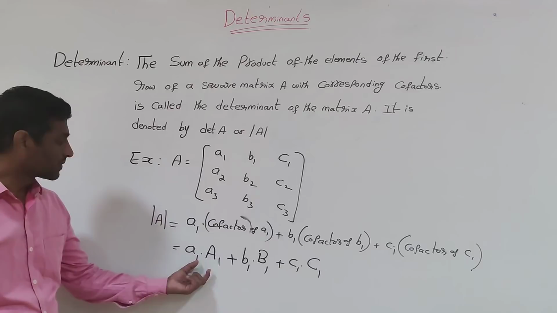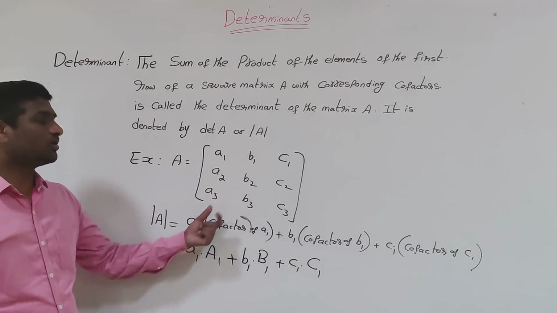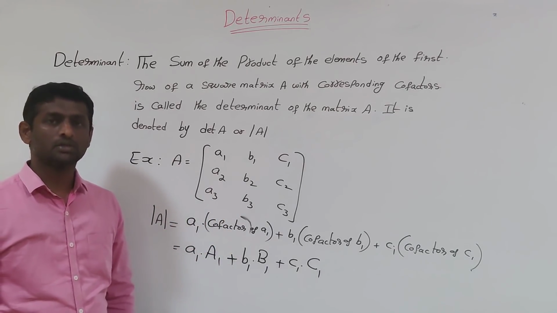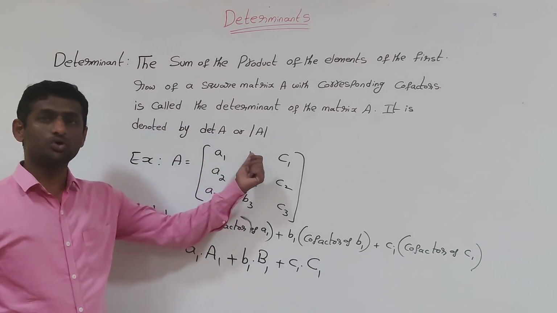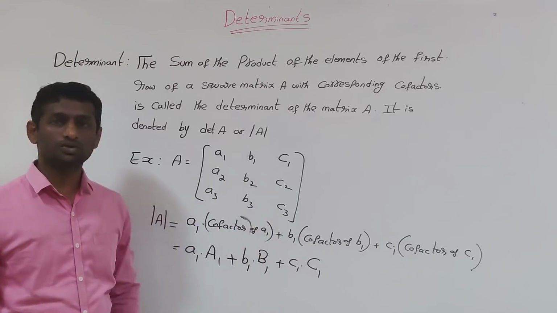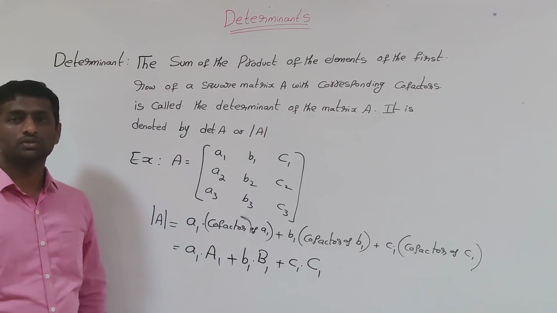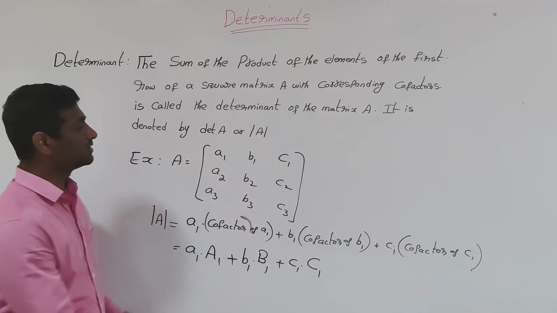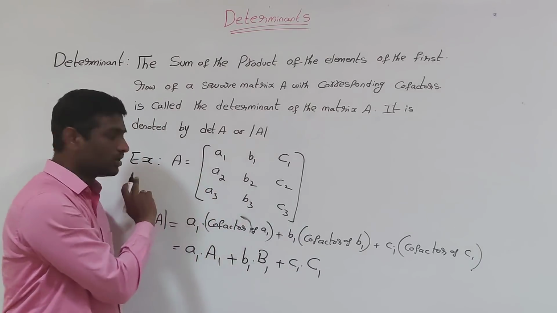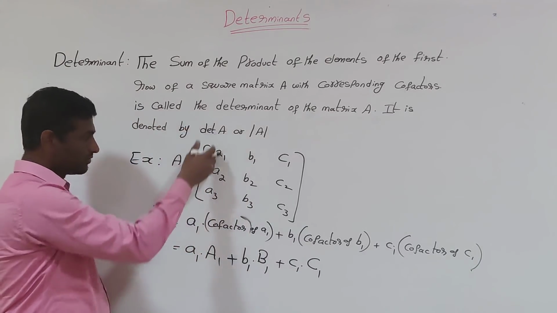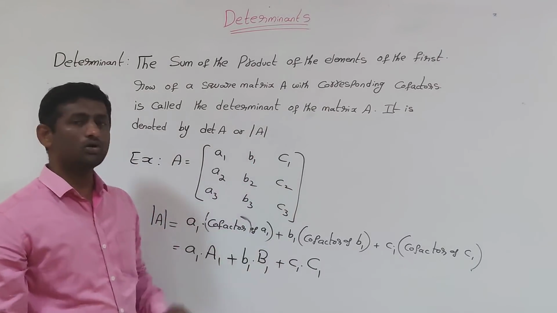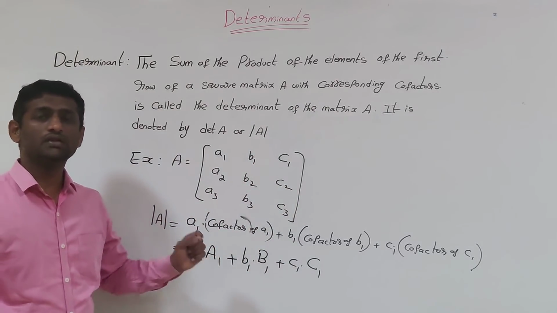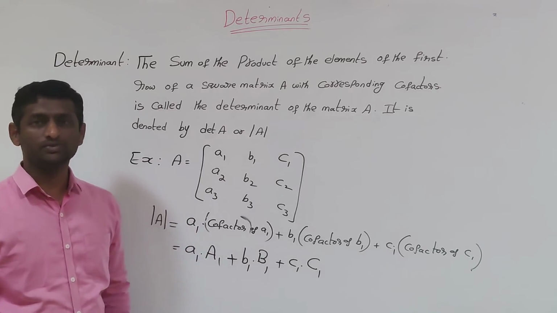Now this is the definition using the first row and the corresponding cofactors of the first row. Similarly, if we go for the second row or third row, or first, second and third columns, the determinant gives the same value.